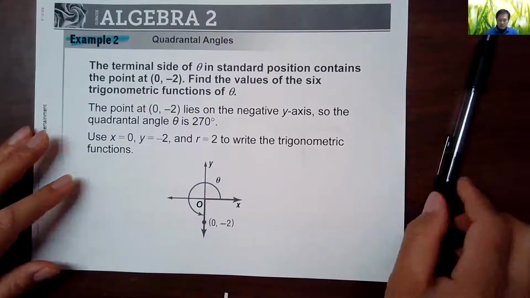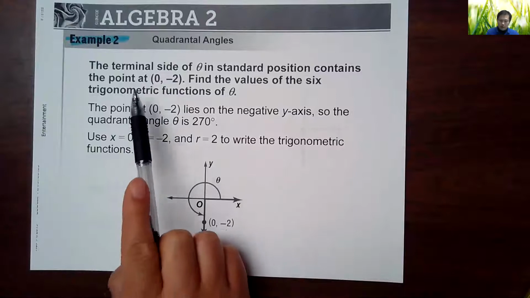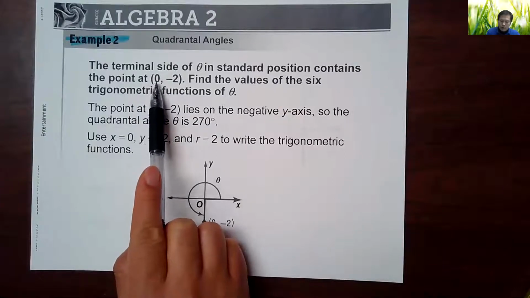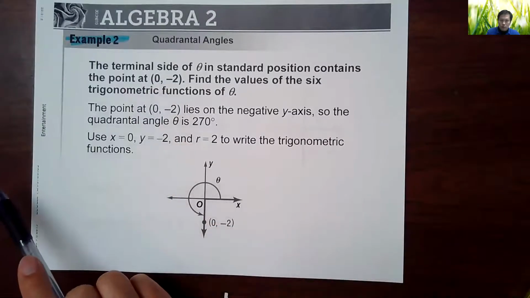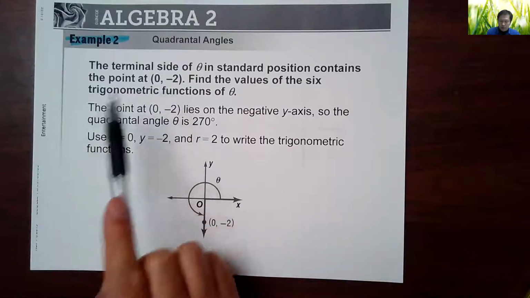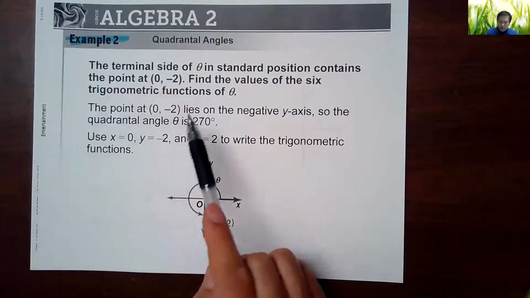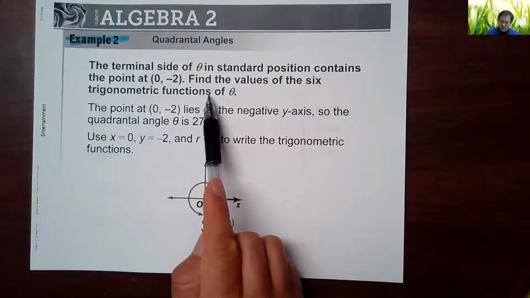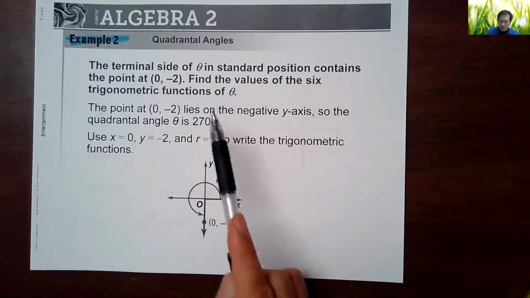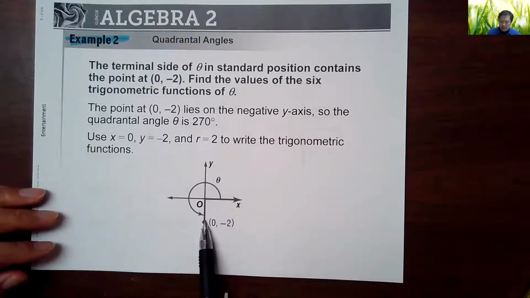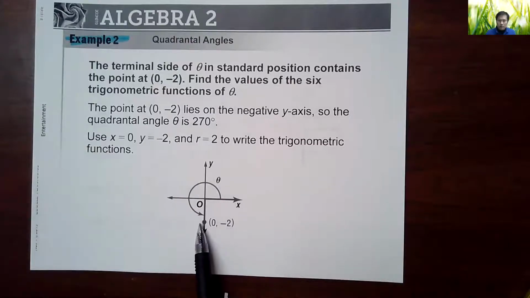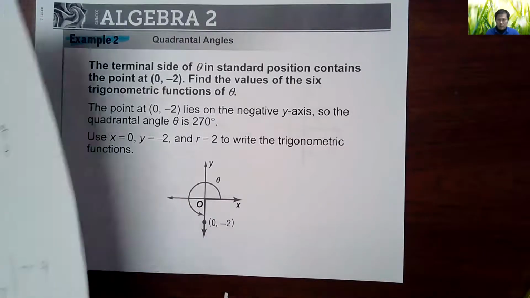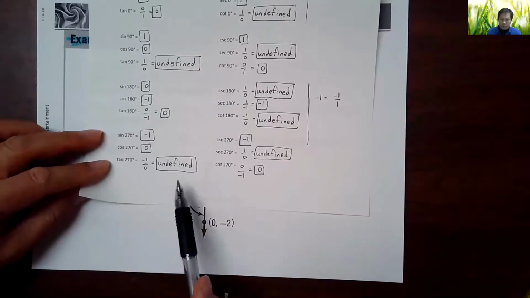So question like this. We gave you 0, comma minus 2. It tells you 0, comma minus 2, and it's asking to get all 6 trigonometric functions of theta. 0, comma minus 2 plotted is over here. It should be 270 degree, right? The 270 degree, we already worked on all that.